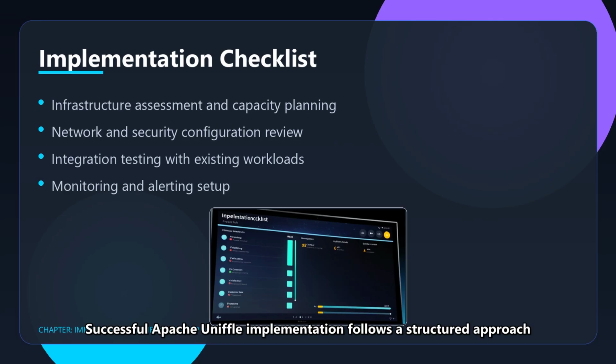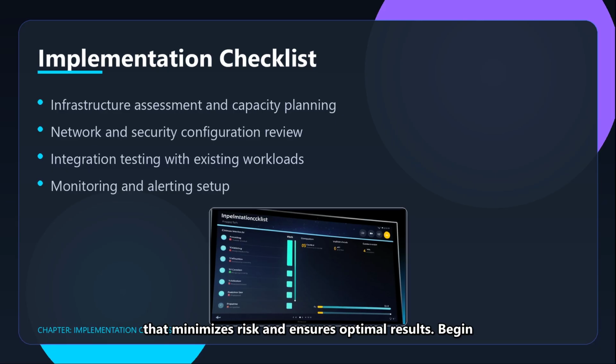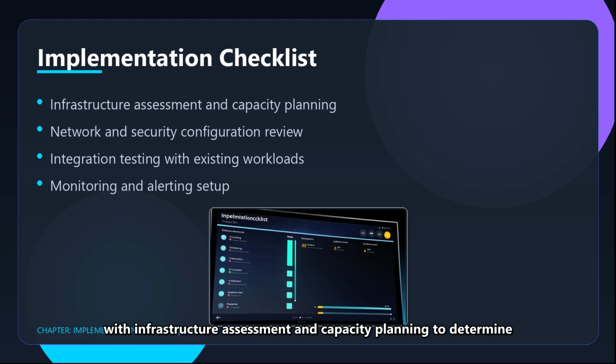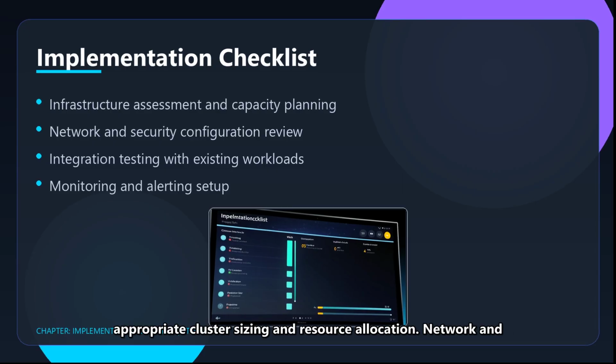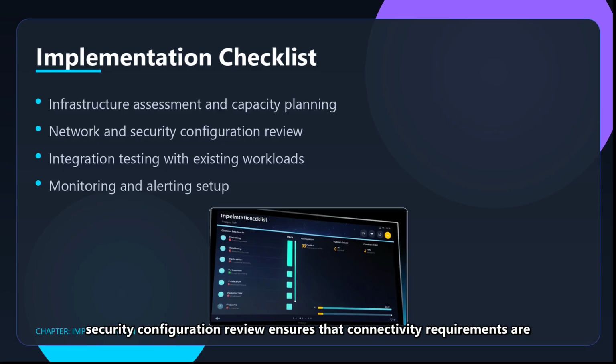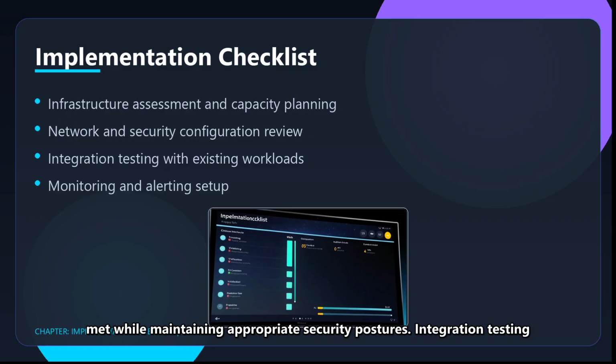Successful Apache Uniffle implementation follows a structured approach that minimizes risk and ensures optimal results. Begin with infrastructure assessment and capacity planning to determine appropriate cluster sizing and resource allocation. Network and security configuration review ensures that connectivity requirements are met while maintaining appropriate security postures.